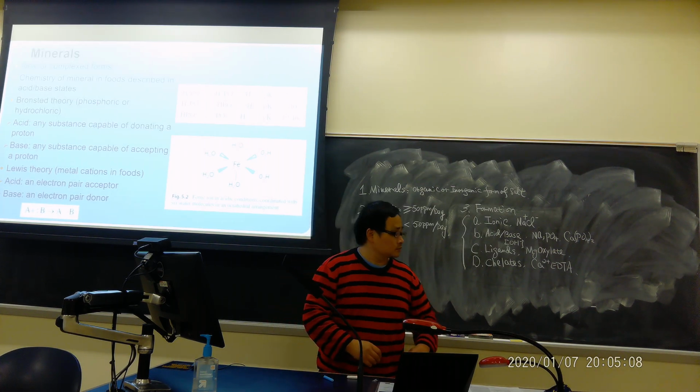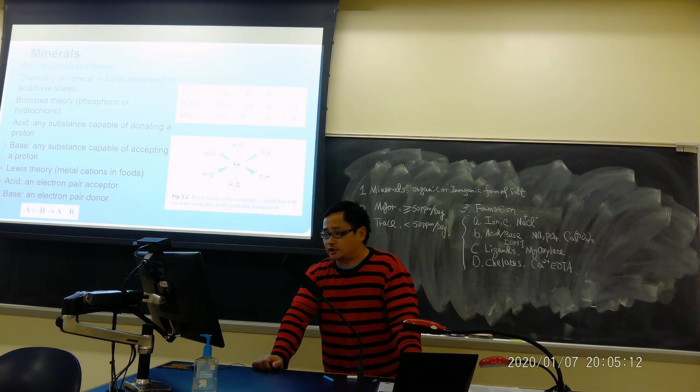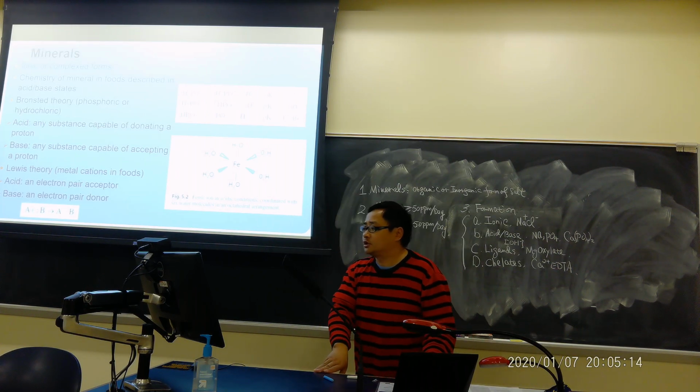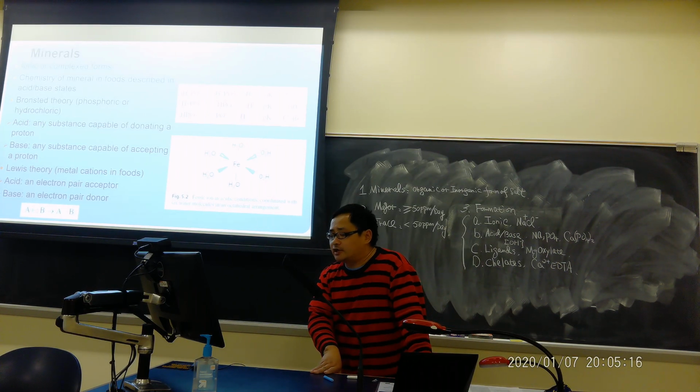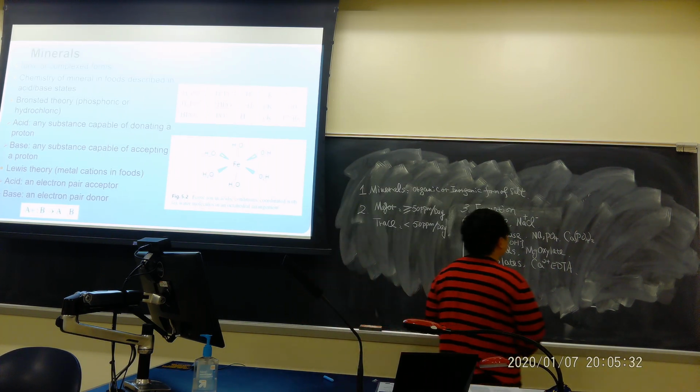Okay? The first one, we want to introduce the concept at the chemistry level. We talk about the concept of acid and base. This is typically for the phosphoric and hydrochloric acid salts. There are 2 different types of theory.